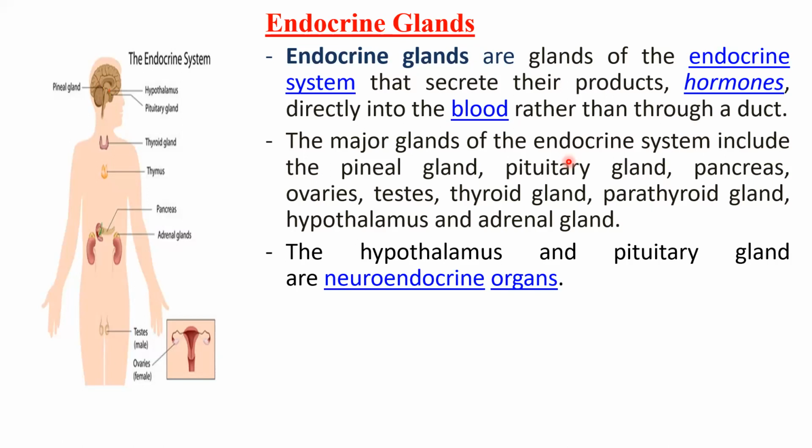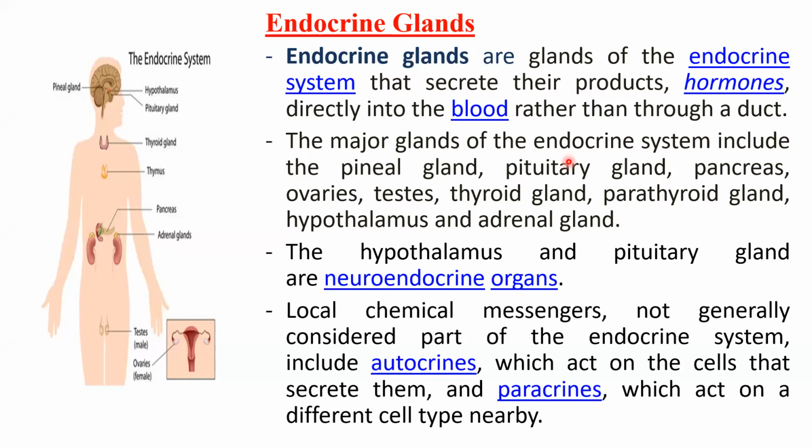Among the different parts of the brain, the hypothalamus region is present at the base of the brain, and in that region the pituitary gland is present. This hypothalamus region controls the activity of the pituitary gland, and both the hypothalamus and pituitary gland are neuroendocrine glands, meaning they control all the activities of other glands.